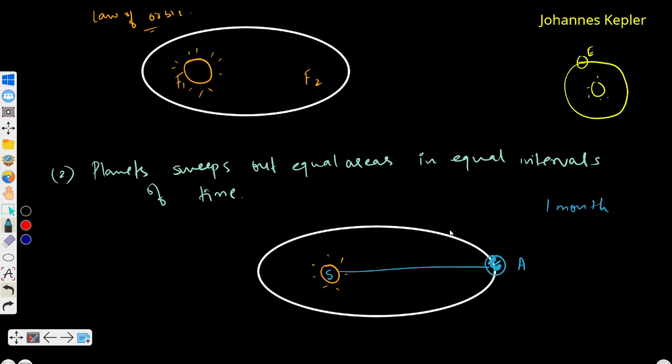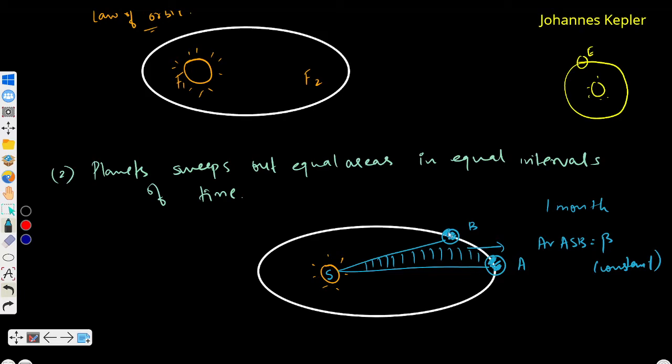After 1 month, this planet is at this position, point B. If I join the sun and the planet at point B, you can observe there is an area, this shaded region. If you measure the area ASB, let's say it is beta. It is nothing but a constant value.